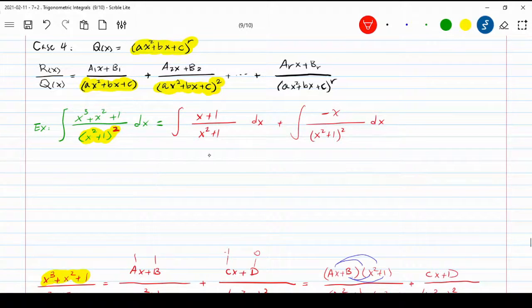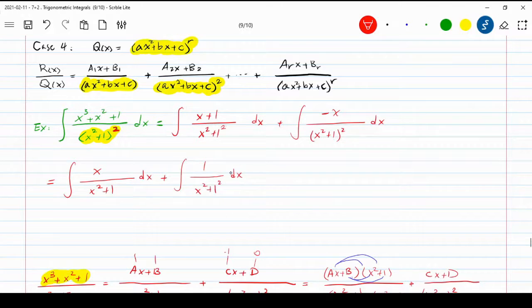Okay. So now, how do we find the integral of these two? Again, the first integral, if you remember, this is similar to what we did above. You have x squared plus 1 squared. So I'll try to break it up again. I will write it as x over x squared plus 1 dx plus 1 divided by x squared plus 1 squared dx. 1 squared or 1 is the same thing.